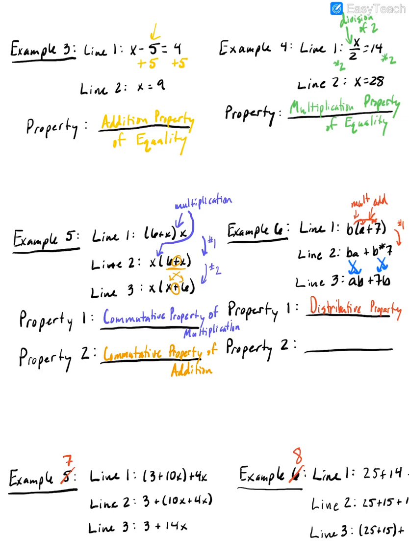And we already stated that because of distributive property, the b is multiplied to the a, and the b is multiplied to the 7. So we know we're switching around multiplication. So it goes back to example 5's property 1 that we found, because we're using the word switching. So I would say it's the commutative property of multiplication again.